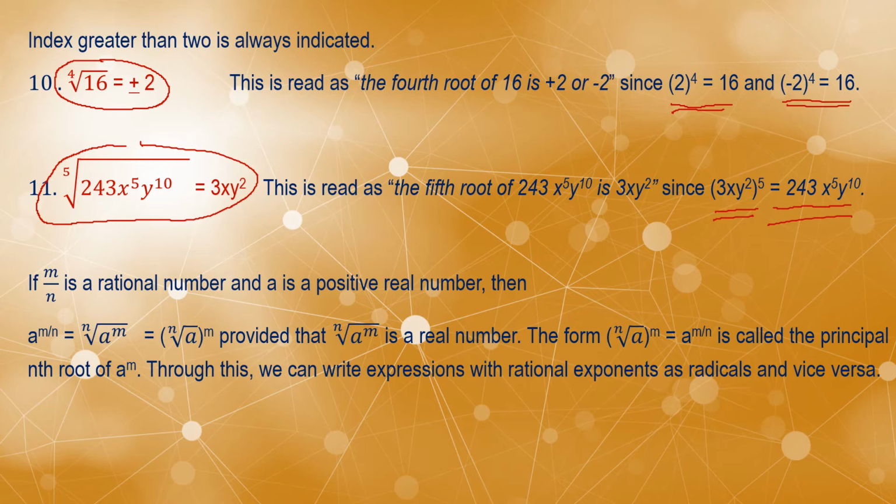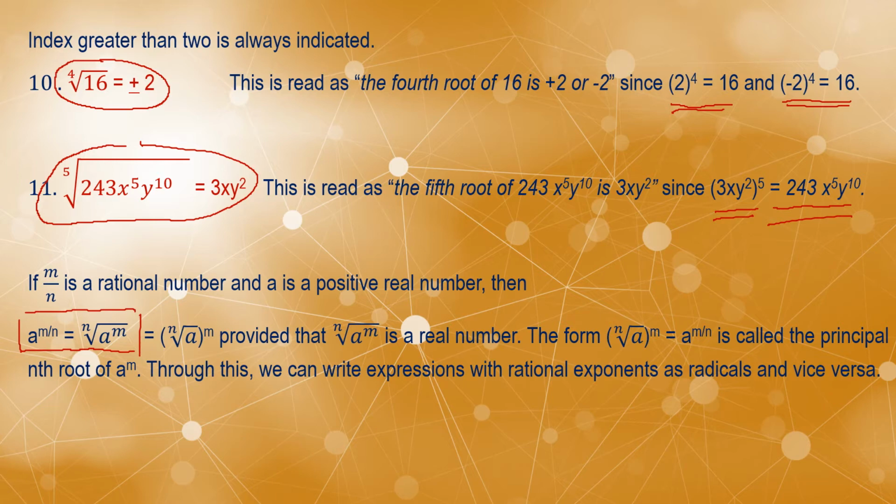If m over n is a rational number and a is a positive real number, then a raised to m over n is equal to the nth root of a raised to m, provided that the nth root of a raised to m is a real number.